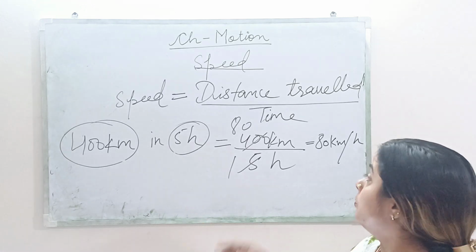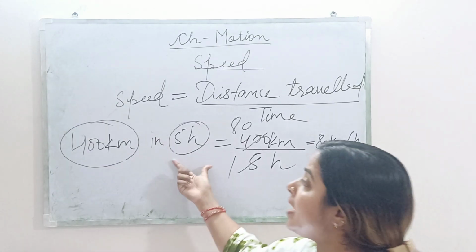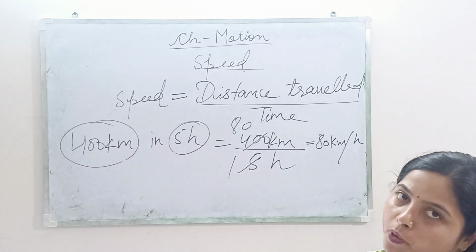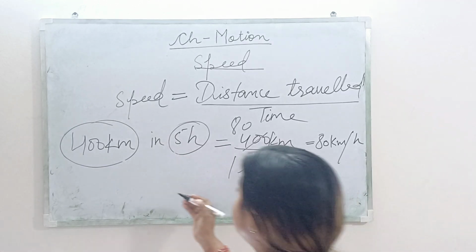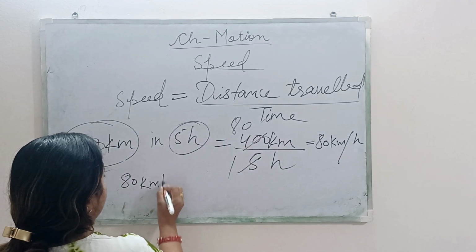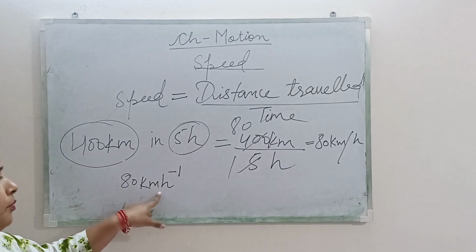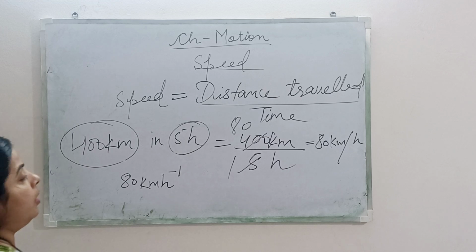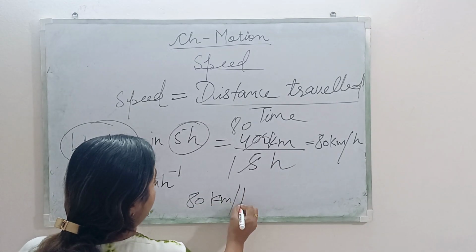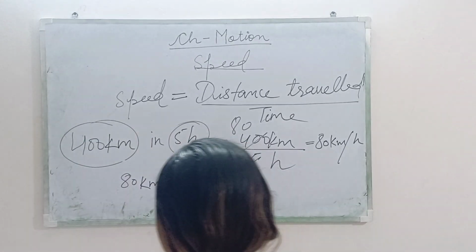In every 1 hour, how much is the body covering? It covered 80 kilometer, and in total 5 hours it was covering 400 kilometer. I hope this point is clear to you now. This 80 kilometer per hour can be written like this also, children, 80 kilometer per hour, or either as I have written here, 80 kilometer per hour. Both the things are same. I hope this point is clear to you children.